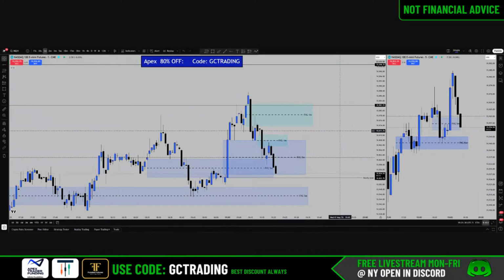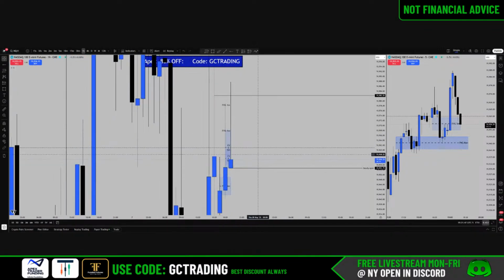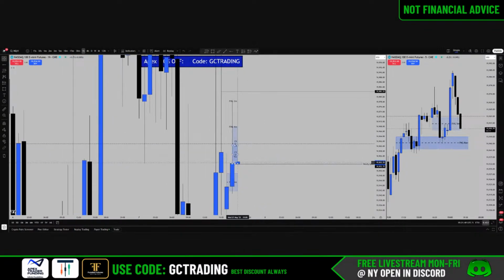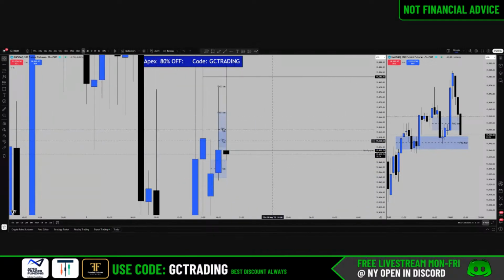That's what I'm talking about with the hourly flip, right? This candle doesn't have a wick on the bottom, so there's a good chance that this thing flips and makes that wick, which it's about to do. Okay, there we go. See, there's the hourly flip.